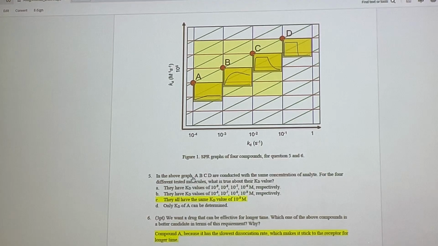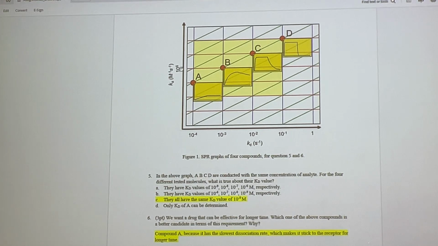So this question asks, which statement of the following is true about their KD value? So notice that this is the big KD we are asking about. Basically, the binding affinity, which is the ratio of small kd over ka. So this position on the y-axis is 10 to the power of 6.